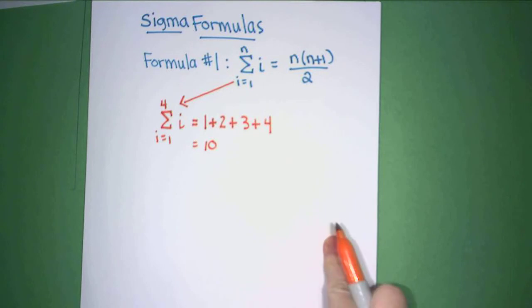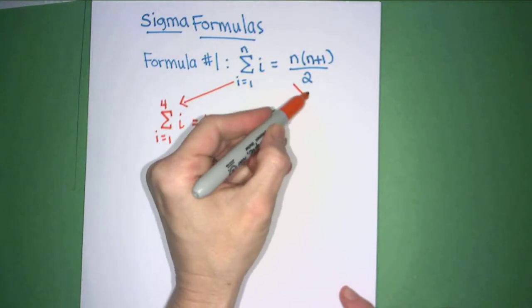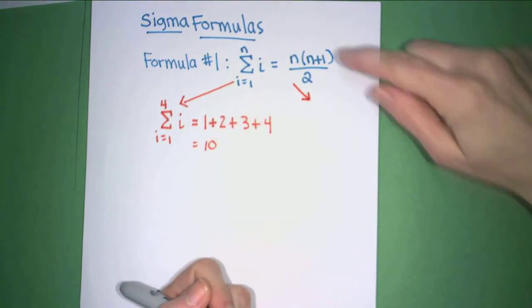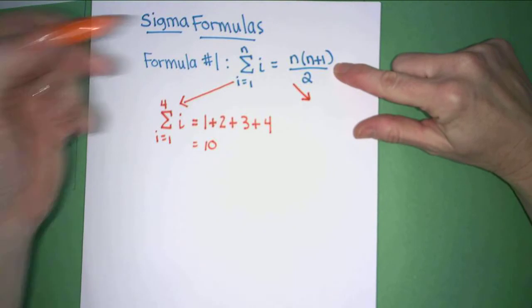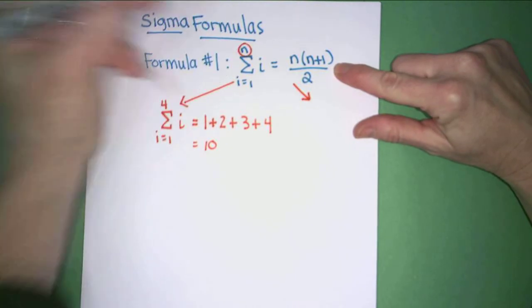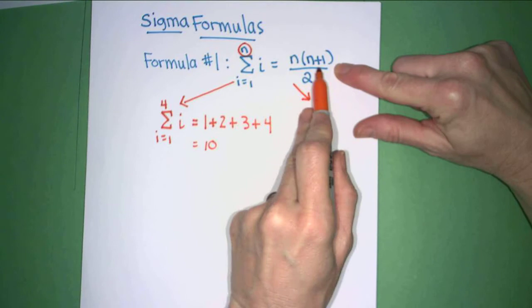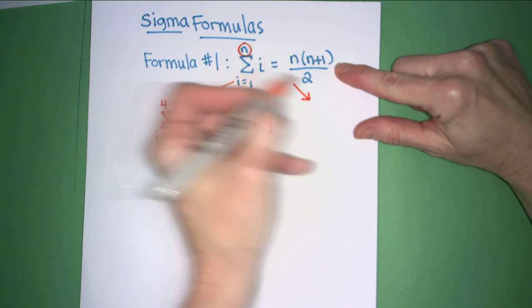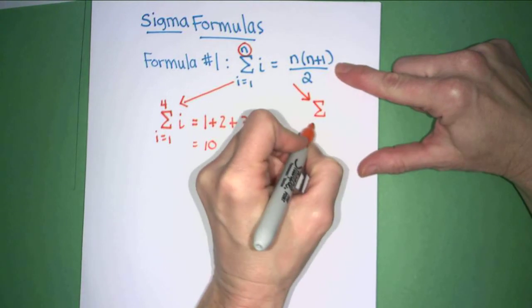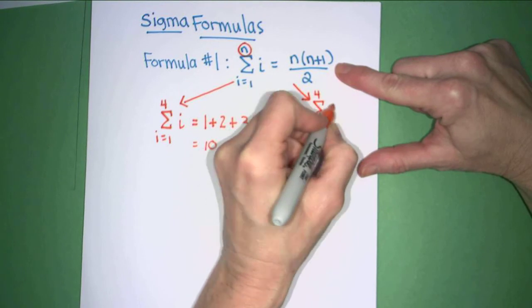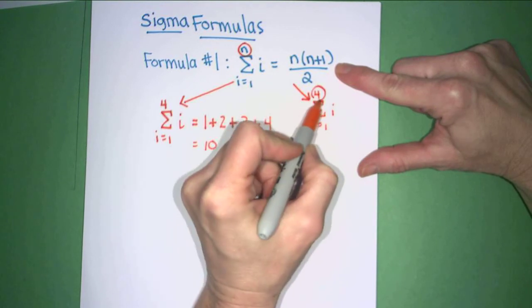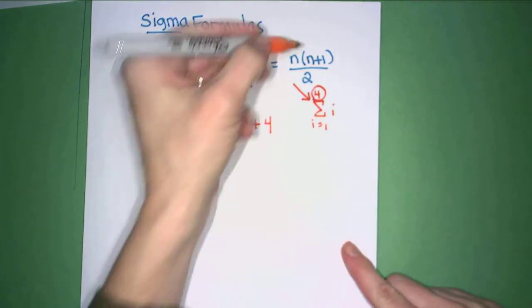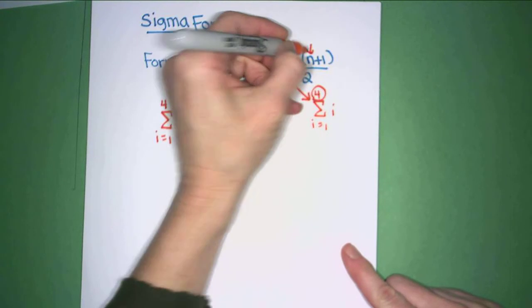What this formula is showing me is that the shortcut to that, if you have this memorized, is to just plug your n, which is the top, in for these n's over here. So in the case of the sum from i equals 1 to 4 of i, my n is 4. So I'm going to replace both this n and this n with the number 4.